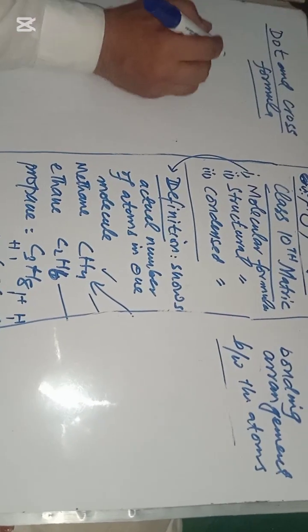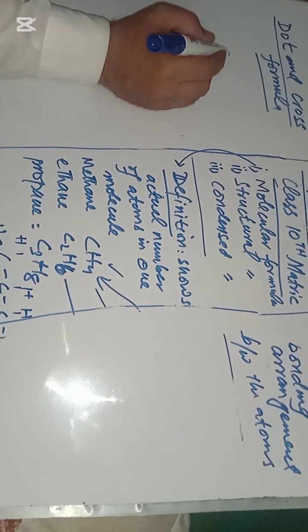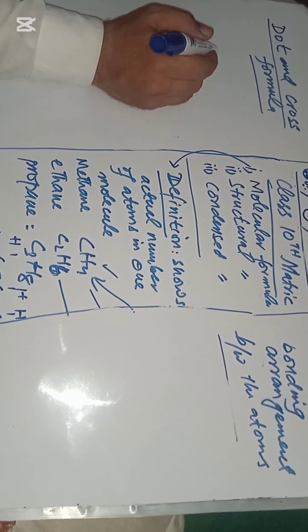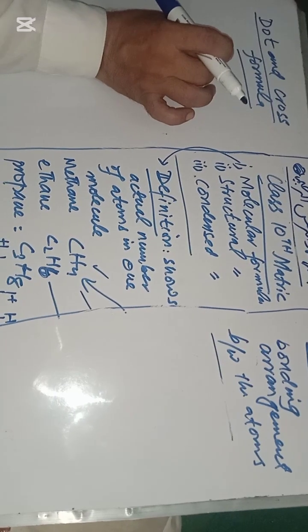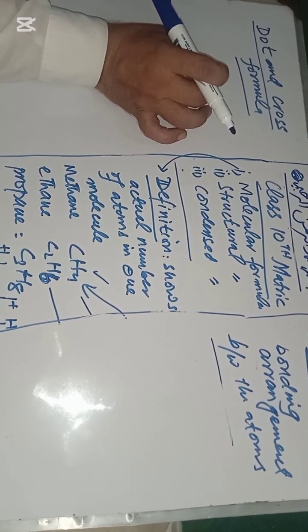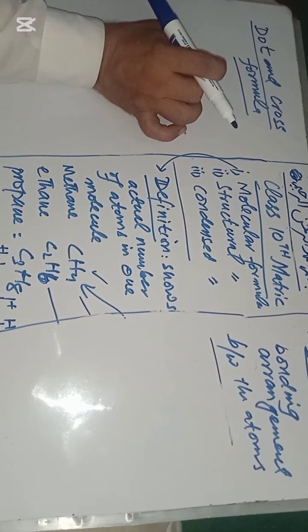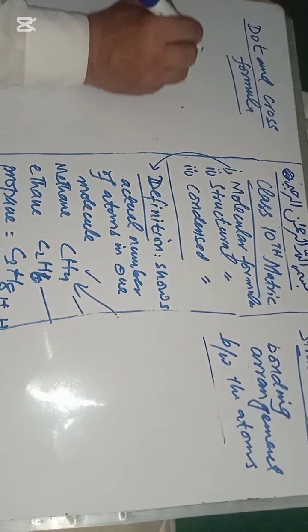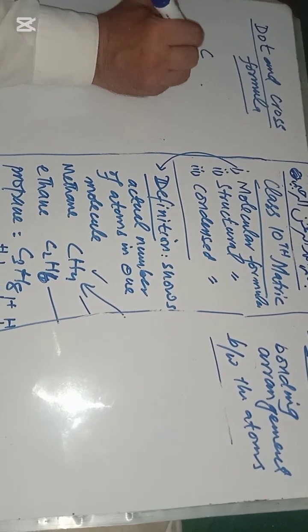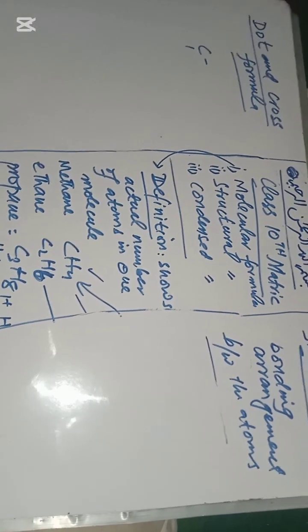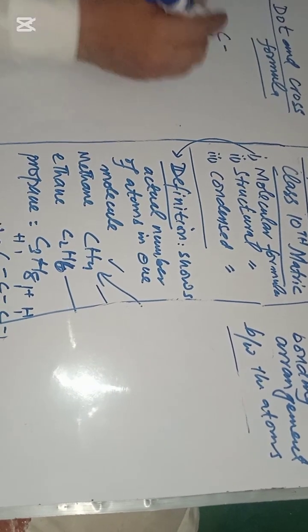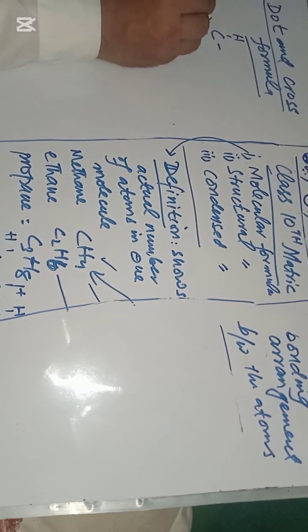Let me first define it: the structure formula in which electrons are shown as dots and crosses between the two bonded atoms in one molecule. For example, we are showing CH4, the structure formula, in this form.